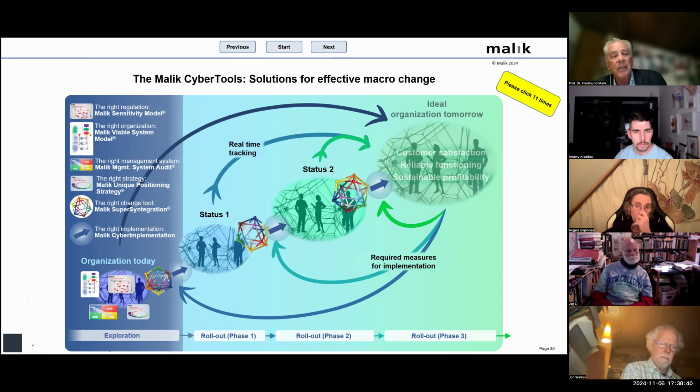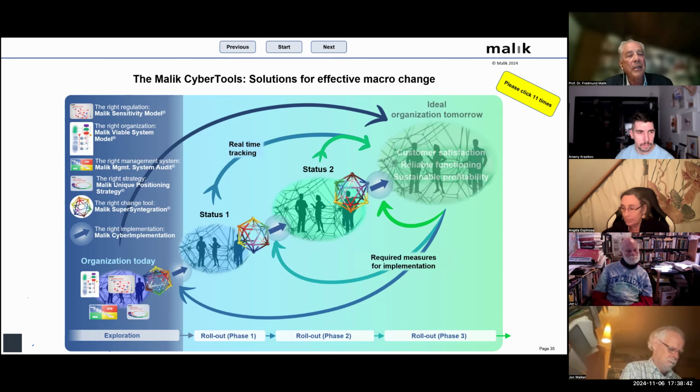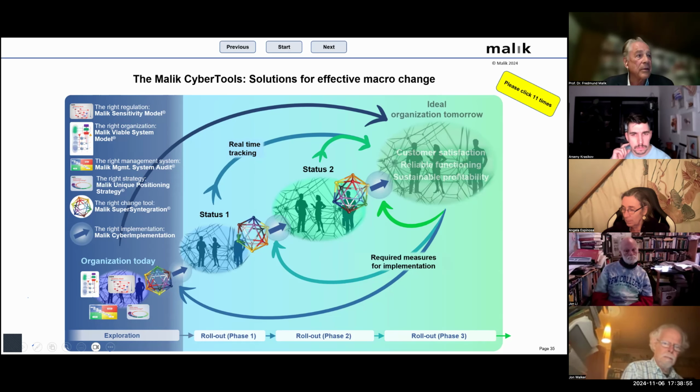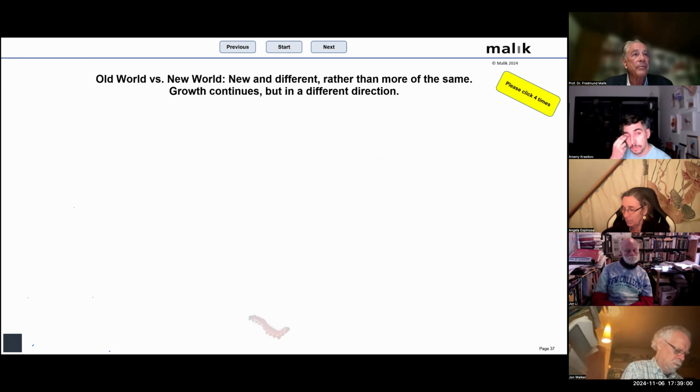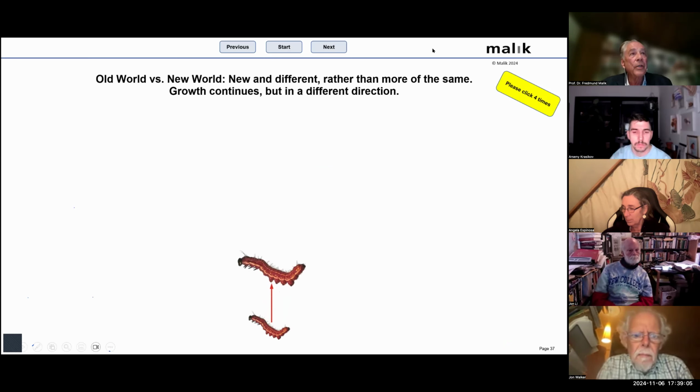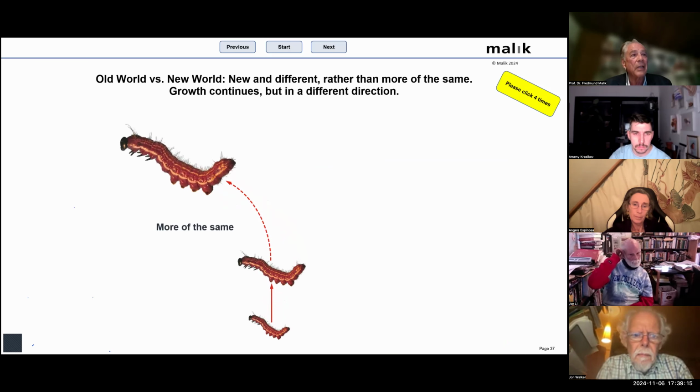Of course, one needs quite some thinking about it, depending on, let me say, the automobile or car industry, or whatever we have in the developed countries, computers, of course, and quite some other things and methodologies. And here, old world and new world: new and different, rather than more of the same. Growth continues, but in a different direction. More of the same. Aha.